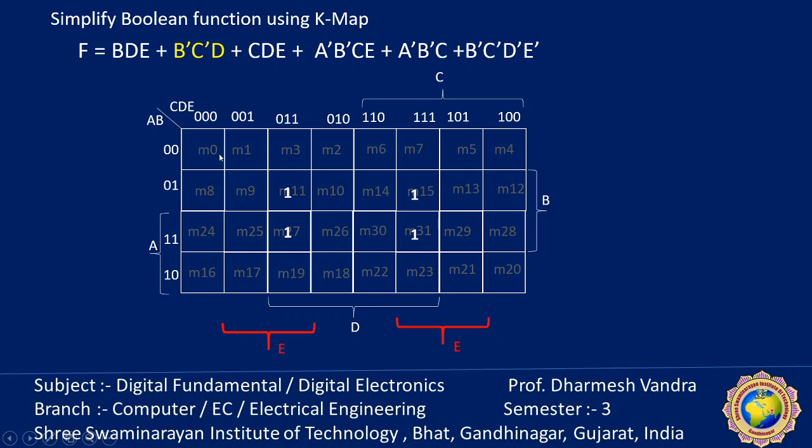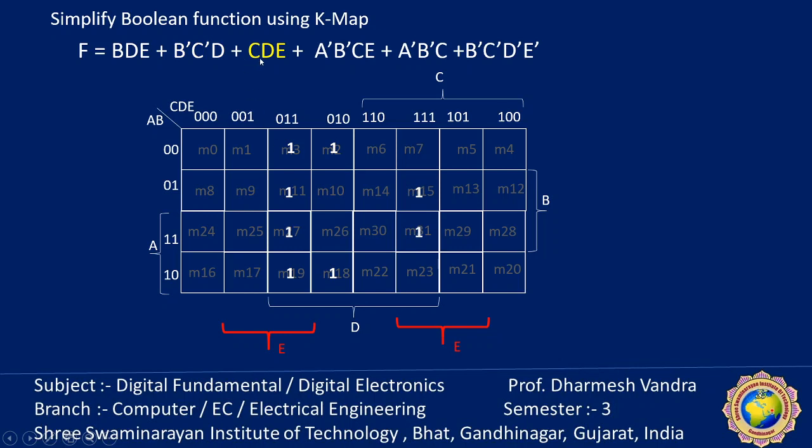Last row 4 cells, first row 4 cells. Now D. That means these two, M3, M2, M18, M19, because this cell will be removed, it is a D dash. These two cells are removed because they are D dash, and we need B dash, C dash, D. So M2, M3, M19 and M18, which represent B dash, first and last row, C dash, this whole quadrant, and D, this middle one. So common for all three combinations are M2, M3, M18 and M19.